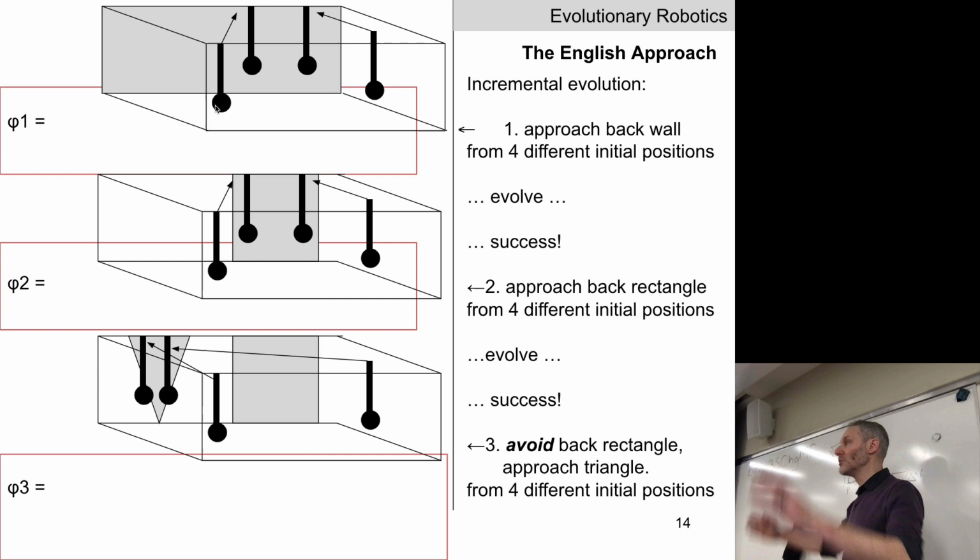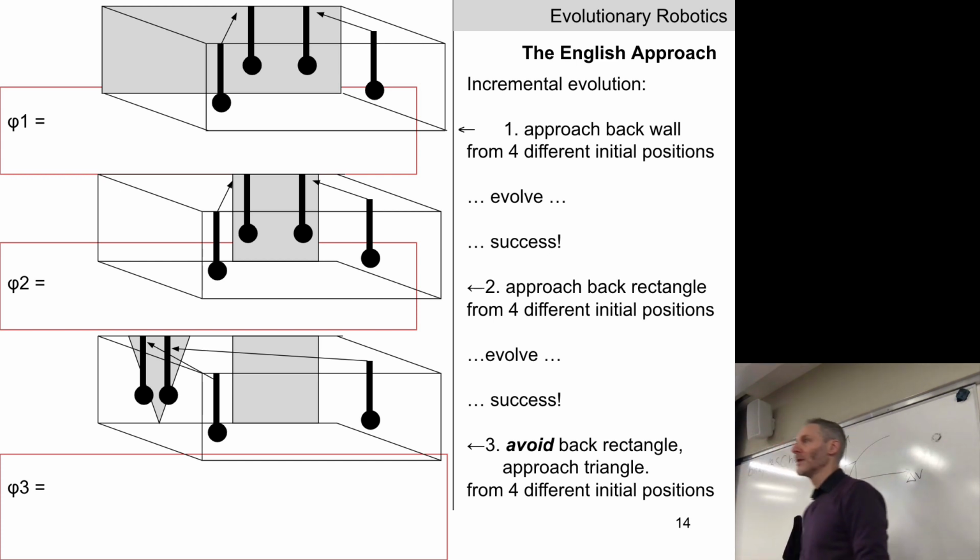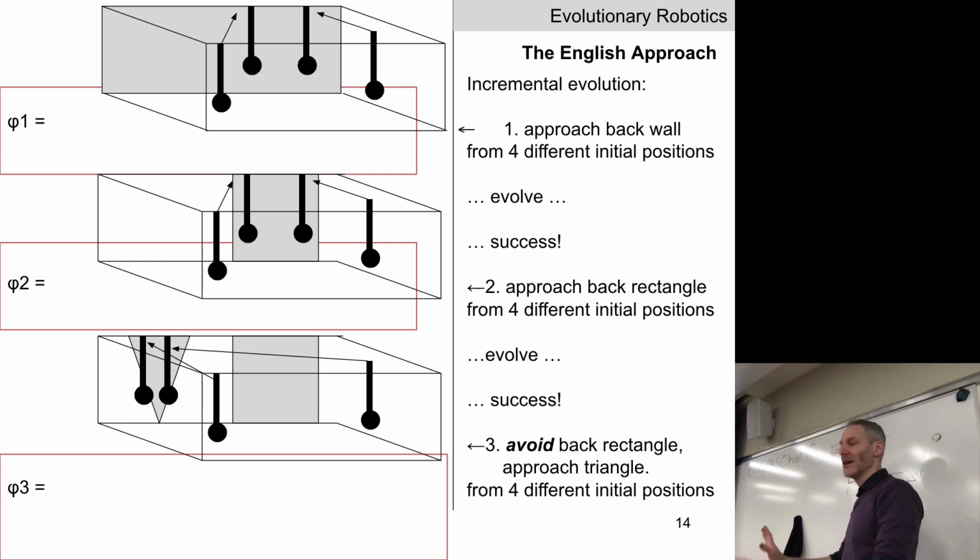It didn't take them long to evolve a set of 23 numbers that, when downloaded onto the gantry robot, no matter where the gantry robot started, it would always drive the inverted periscope to the back wall. Not that difficult.